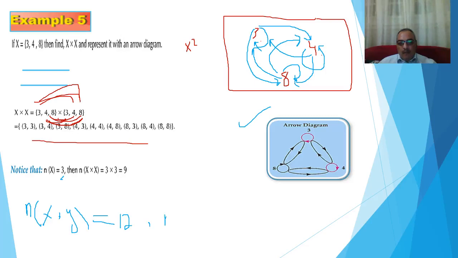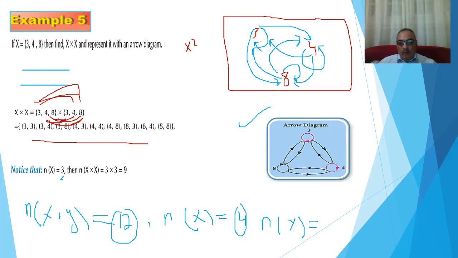And the number of elements of X is 4. What is the number of elements of Y? From the definition, the number of elements of X product Y equals the number of elements of X times the number of elements of Y. So divide 12 by 4 to get the number of elements of Y, which is 3.